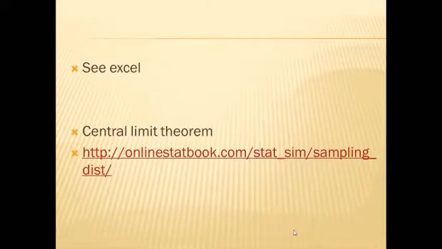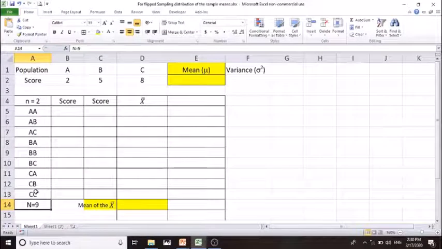So let's use Excel. To make the concept very easy, let's use only 3 as our population, a small size population. We have students A, B, and C, with the values 2, 5, and 8.